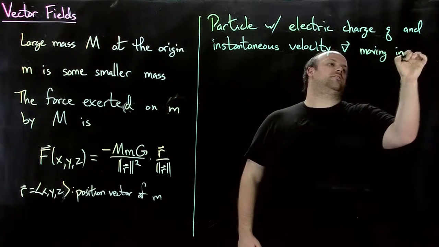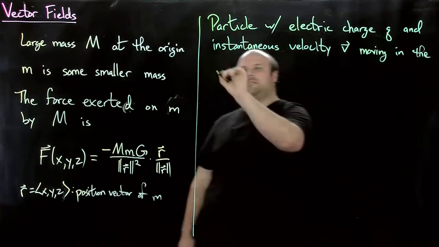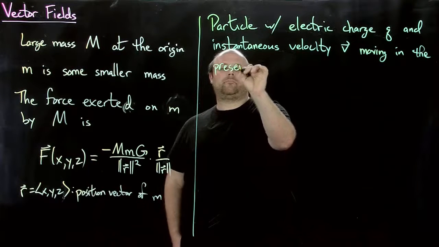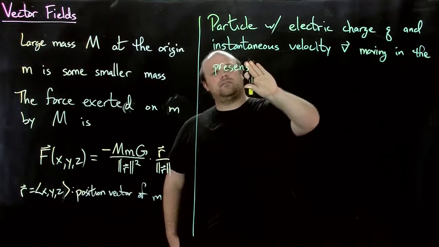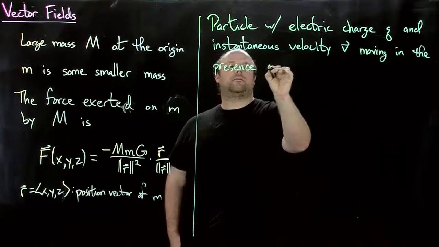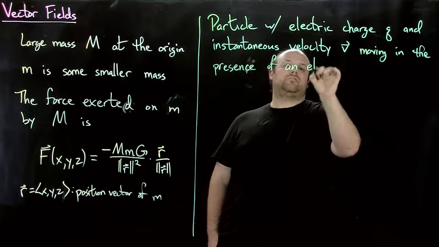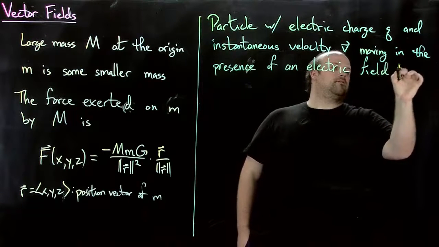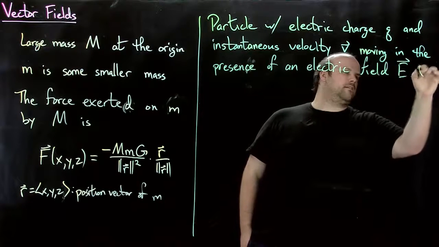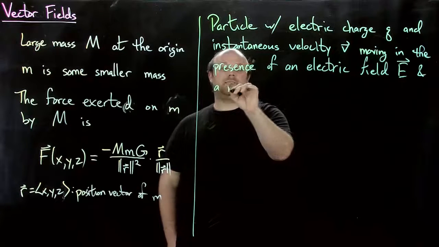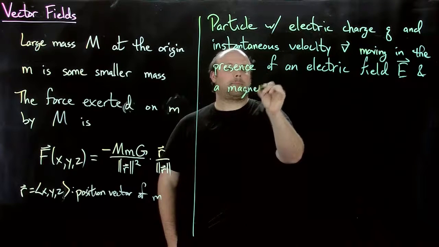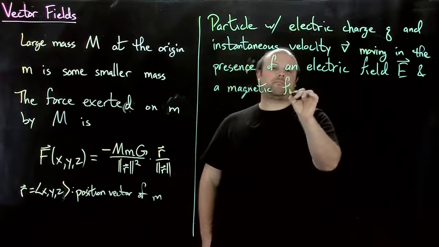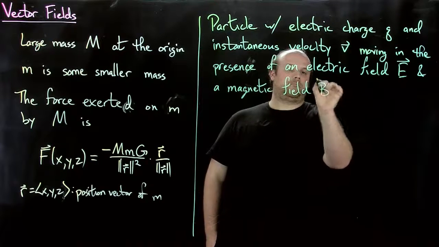So moving in the presence of an electric field, let's call that guy E, and a magnetic field B. Okay?